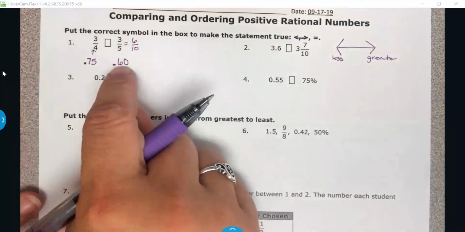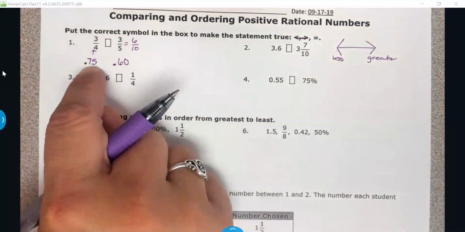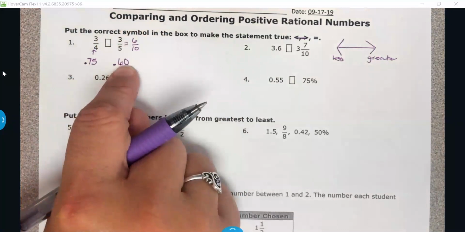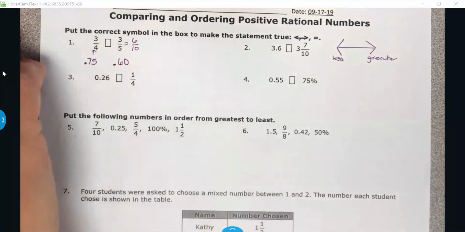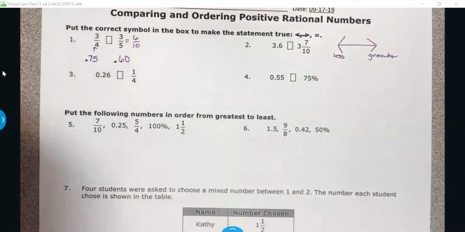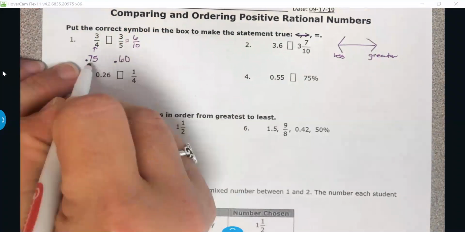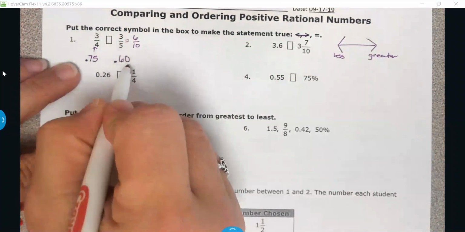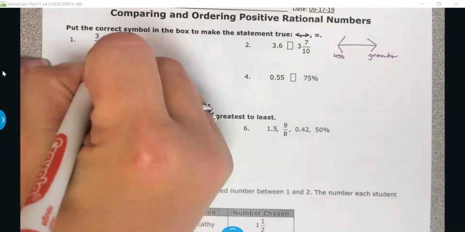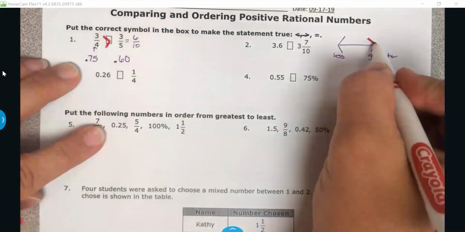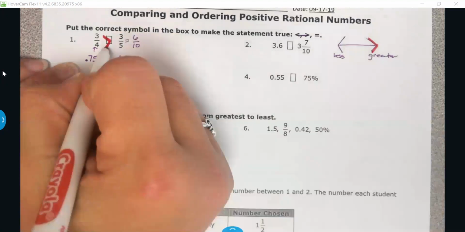I did that because this has 2 numbers behind the decimal, so this needs 2 numbers behind the decimal. Now, if I compare the two, 75 is bigger than 60, therefore 3/4 is greater than, remember, greater than 3/5.